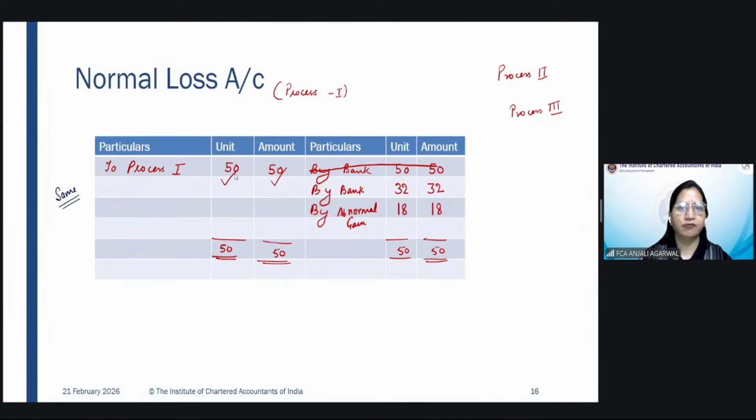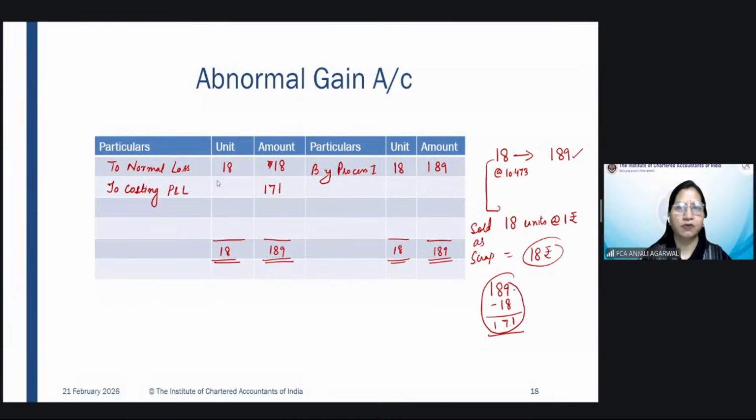Because you had 50 units which you thought would give you 50 rupees, but the scrap dealer has only taken 32 units and has given you 32 rupees. So where has this loss of 18 to be recovered from? Abnormal gain. So by abnormal gain, 18 units at the rate of 18. And therefore, in the abnormal gain account, you will write to normal loss account, 18 units, rupees 18, and the remaining goes to your costing P&L.